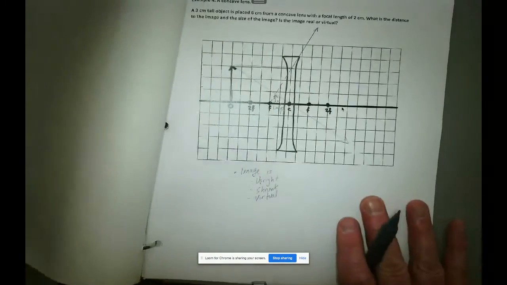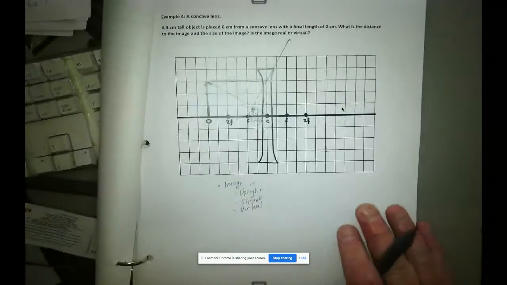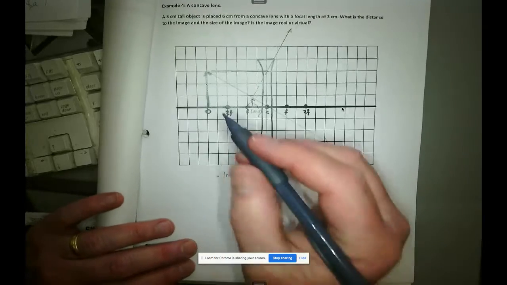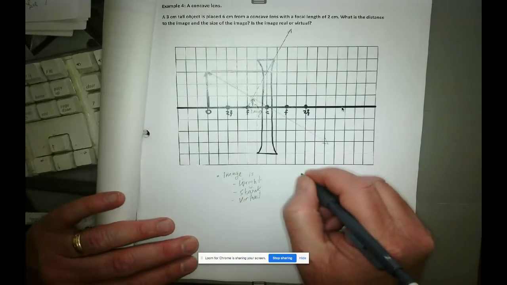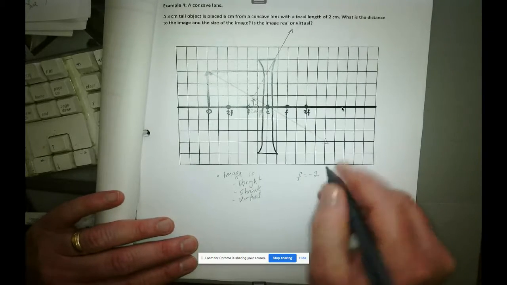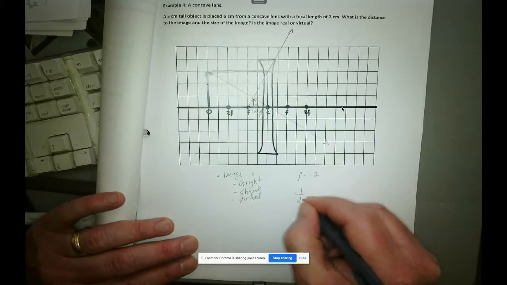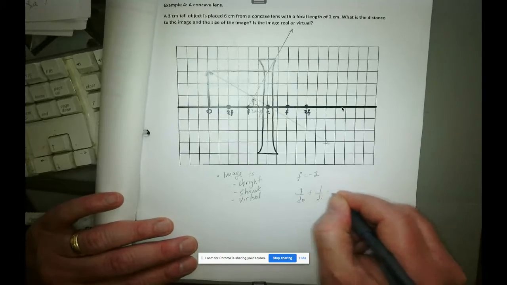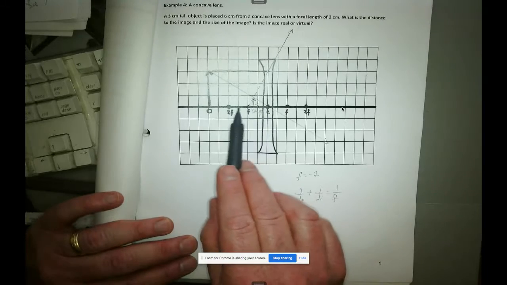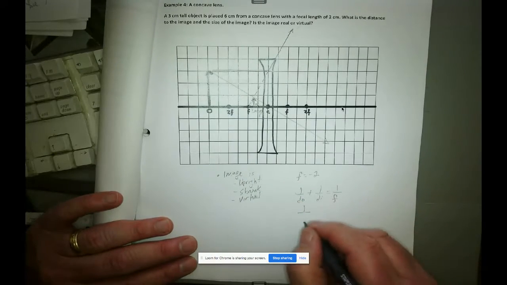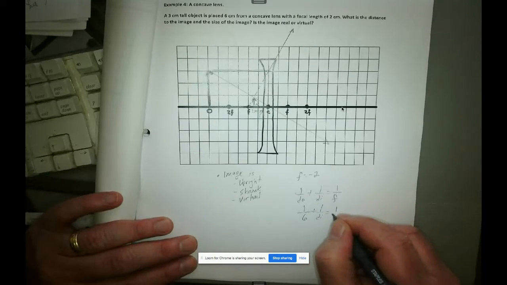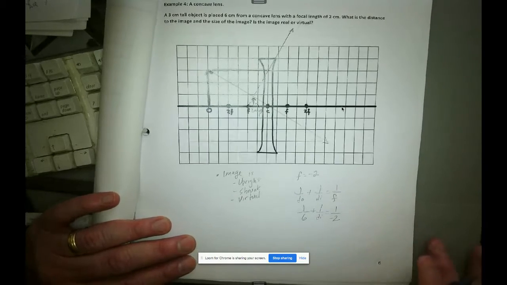And then our last example is going to be with the concave lens. And with the concave lens, we have to remember f is negative. So for this one, f is going to be minus 2. 1 over dO plus 1 over di is 1 over f. 1 over dO is 1, 2, 3, 4, 5, 6. Plus 1 over di is 1 over minus 2 this time.